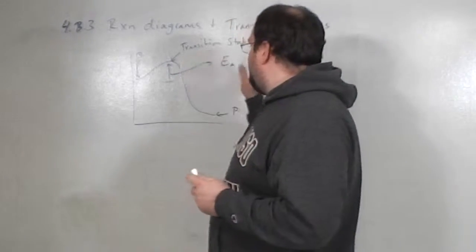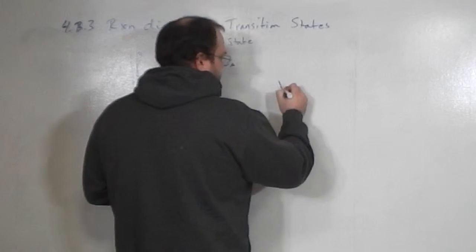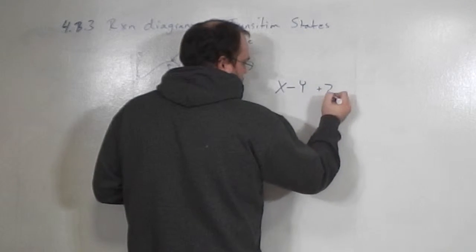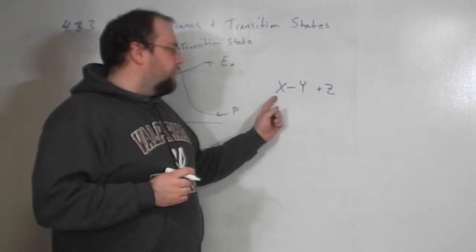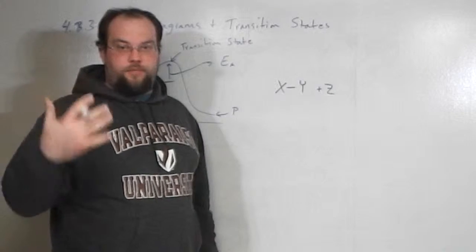So our transition state, let's say we have a hypothetical compound, X bonded to Y, and Z comes in here. It's going to be a single replacement reaction.